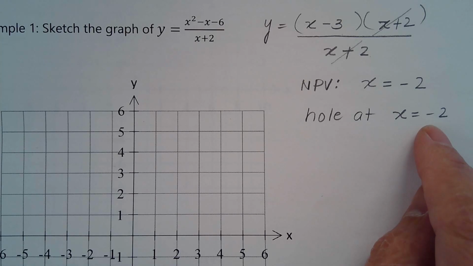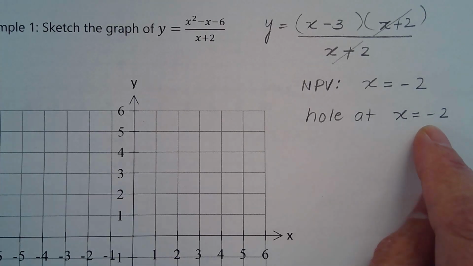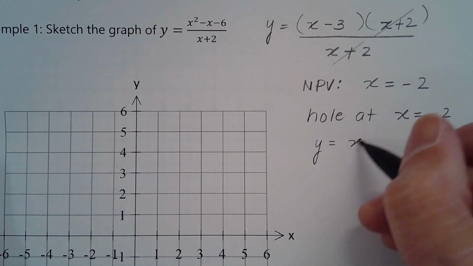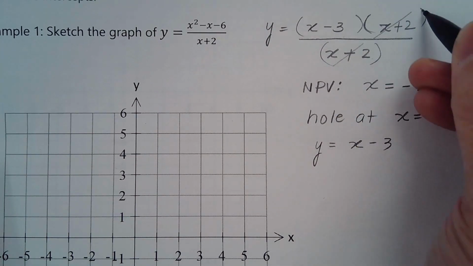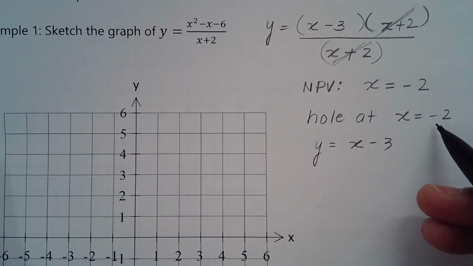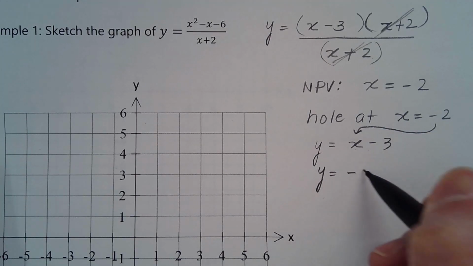If x is -2, where's the y? Y equals x minus 3. We've already canceled this out, so it's x minus 3, and then we put the -2 in here. So y equals -5.